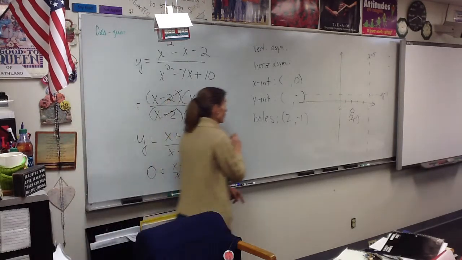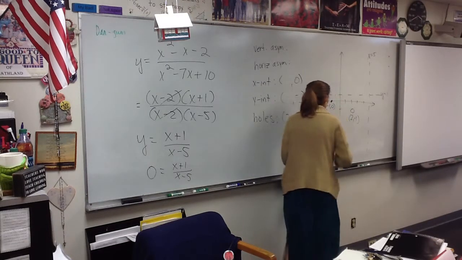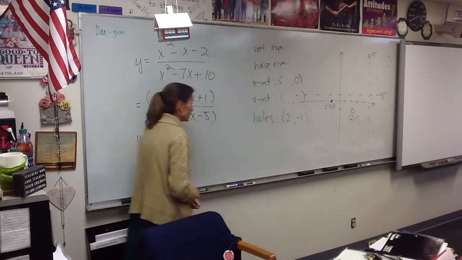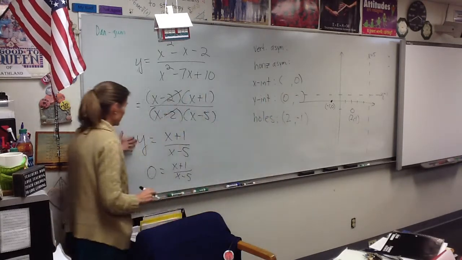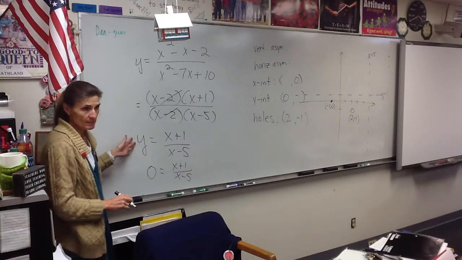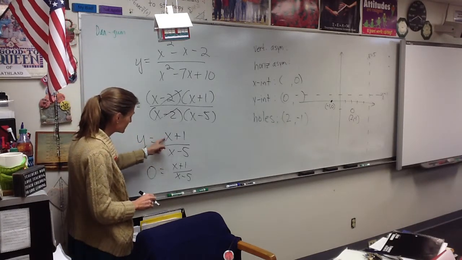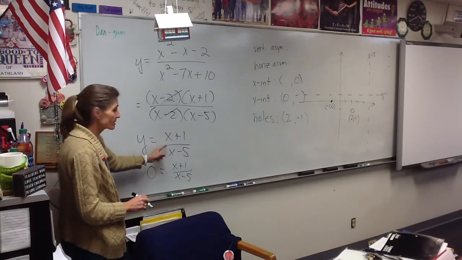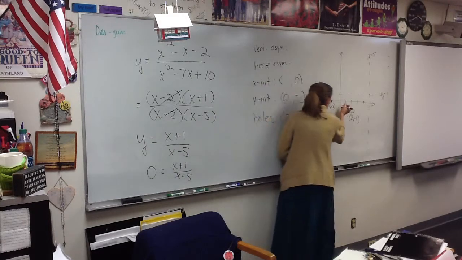So x equals negative 1. Your y-intercept, you're gonna let x be 0. So what happens if you put a 0 in for the x's? Negative 1/5.